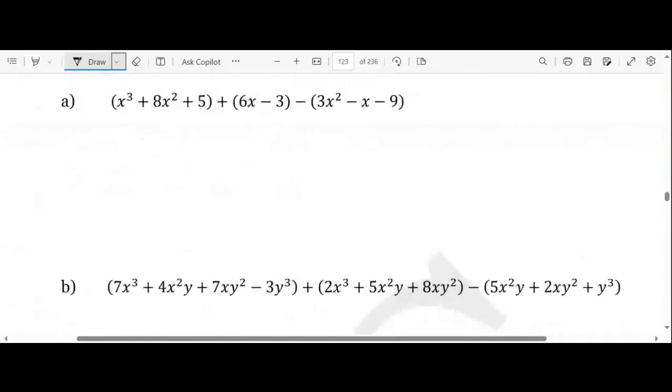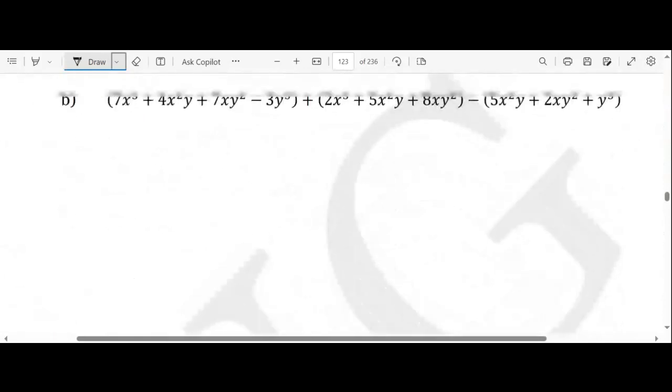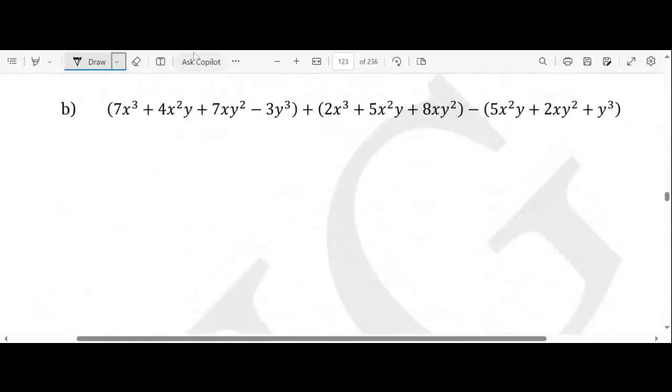Now this one is a long one. You have to be careful with this. I'm going to tell you first what we should do. Distribute the negative, right? Okay.